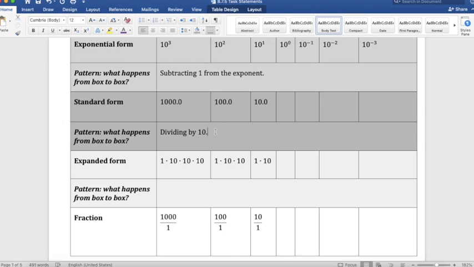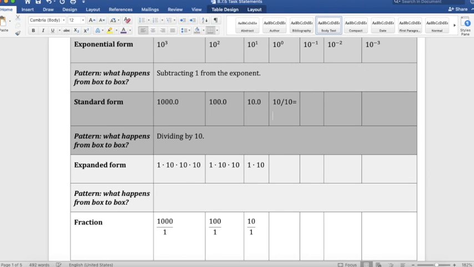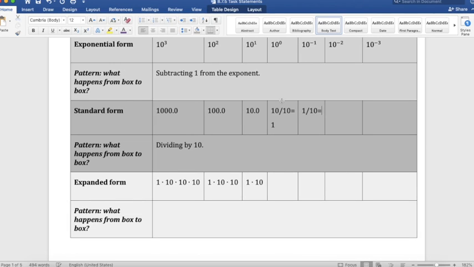So it's 10 divided by 10 equals 1. And 1 divided by 10 equals 0.1. And 0.1 divided by 10 equals 0.01.